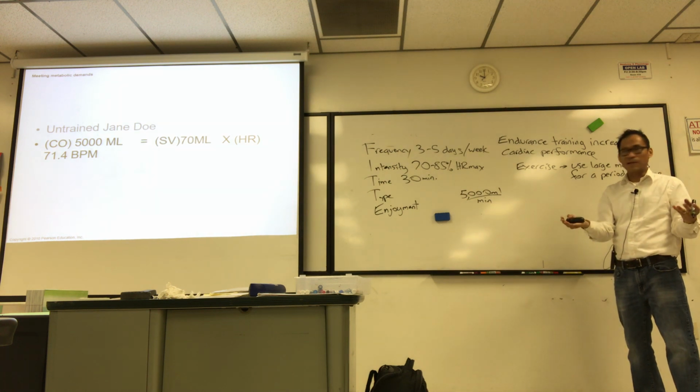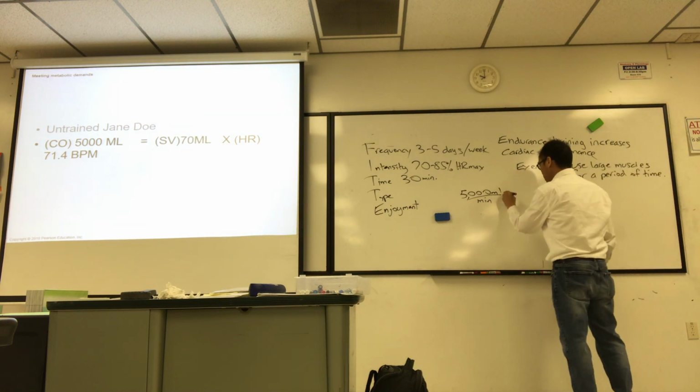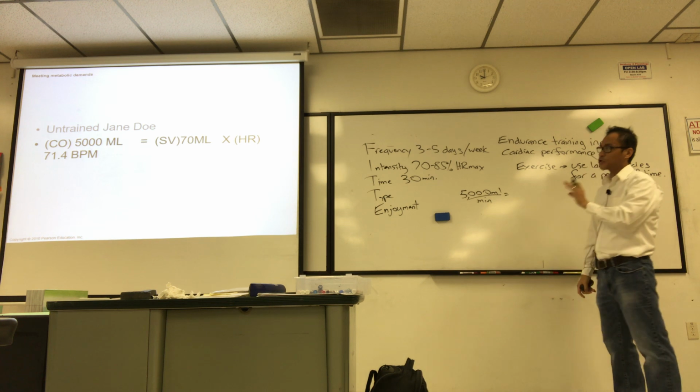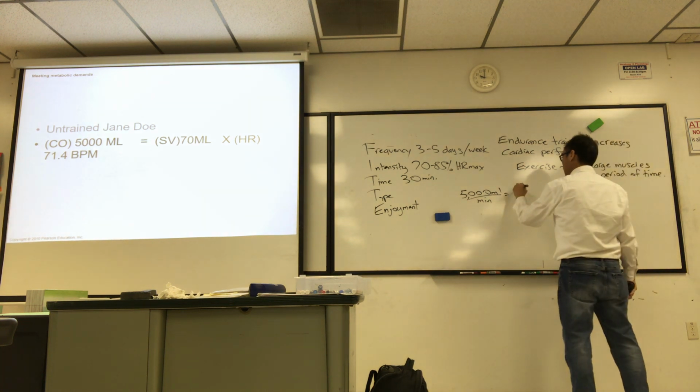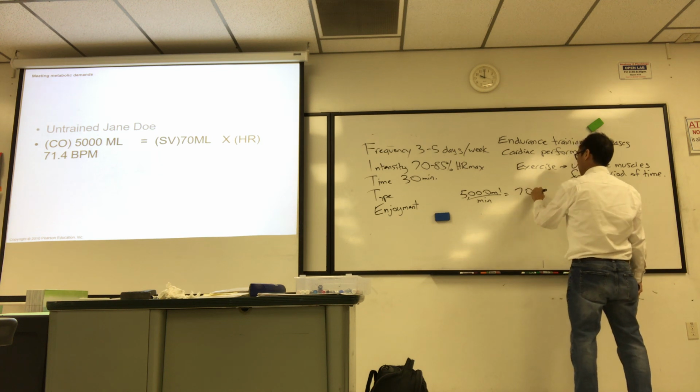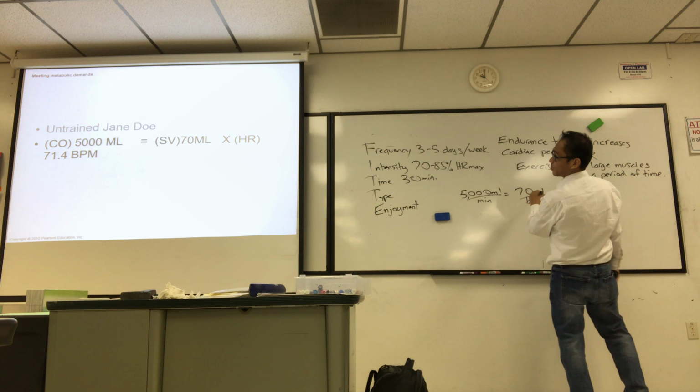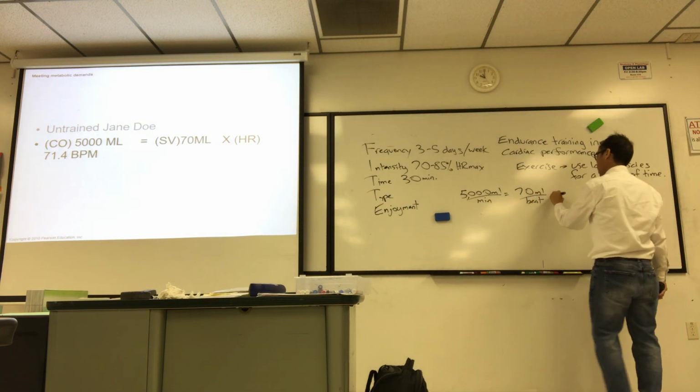I don't think people watch TV anymore. You're just sitting down, rested. And what does your heart have to do to accomplish that circulation? If you just did the math, it's 70 ml per beat. Heart rate would be 71.4.